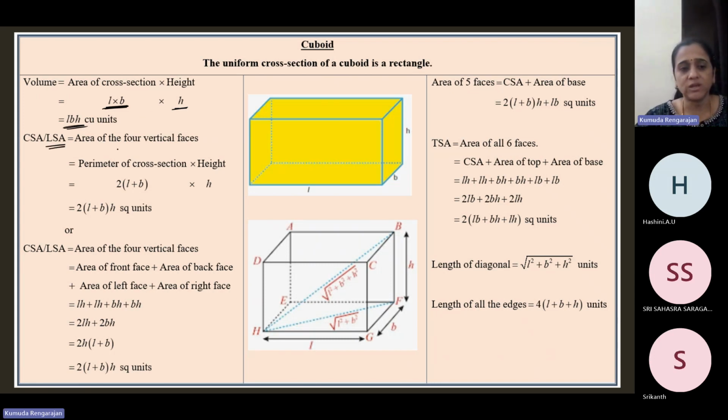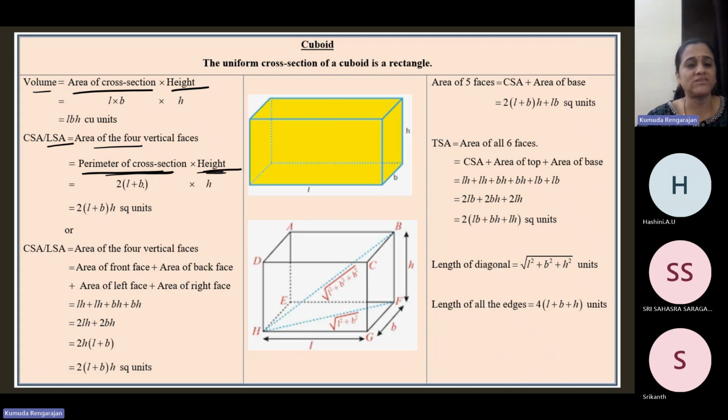Lateral surface area is the area of the 4 vertical faces. So you can think of a cuboidal room. Normally, rooms are cuboidal, mostly. So lateral surface area is the area of the 4 walls. And how do we understand this? It's the perimeter of the cross section into height. Volume is area of the cross section into height. Lateral surface area is perimeter of the cross section into height.